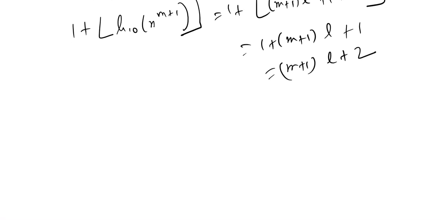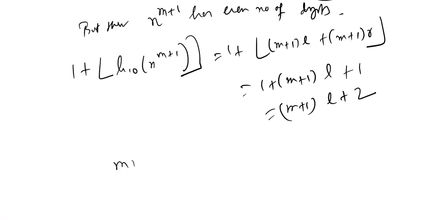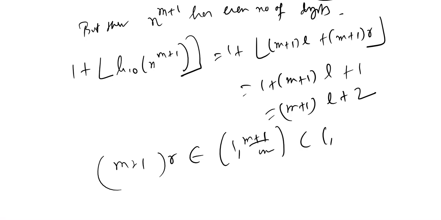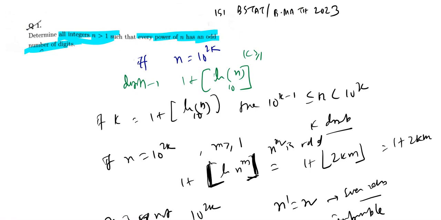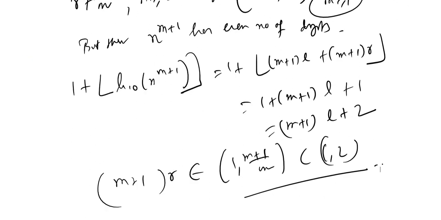So the latter relationship shows that the fact that m plus 1 into r belongs to 1 plus, m plus 1 by m belongs to 1 comma 2. That's it. So this is the final solution, and these are all the integers which happen to be like this.